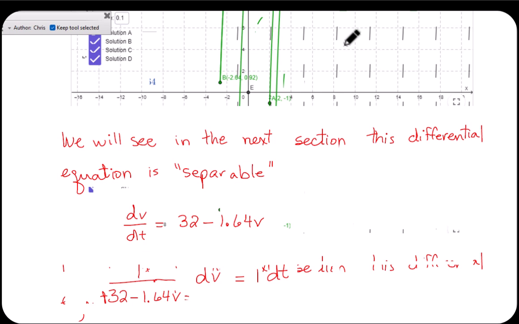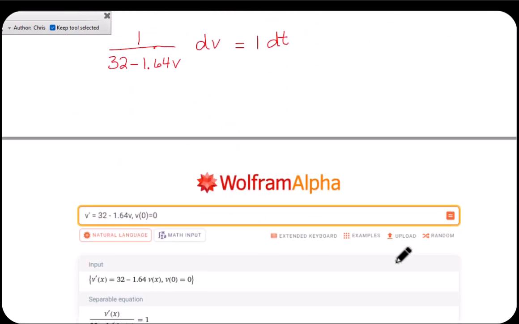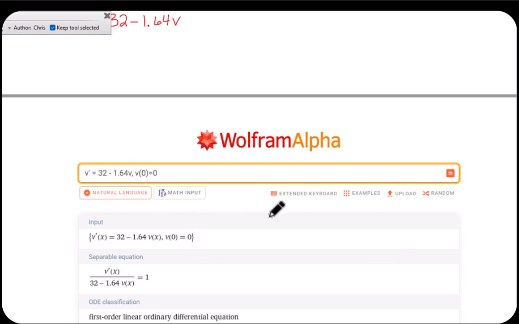Now, in the next section, we're going to see that this differential equation is something called separable. So you can separate it, meaning I can take all the v stuff on the left, leave the 1 and dt on the right, and then integrate both sides. And so we could actually figure out the exact solution. I went ahead and cheated and used Wolfram Alpha.